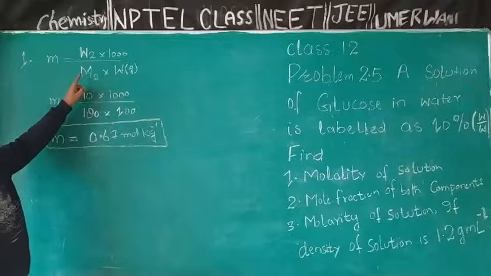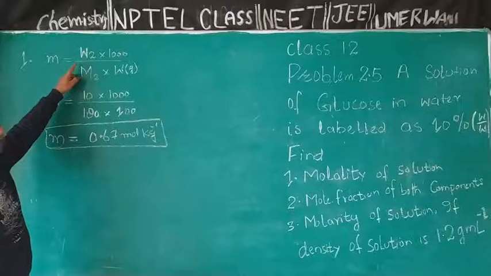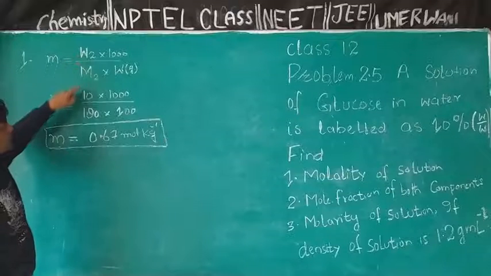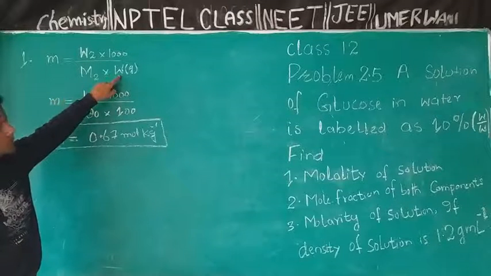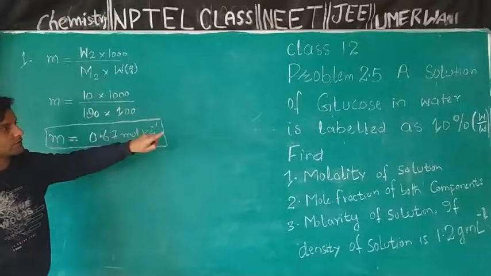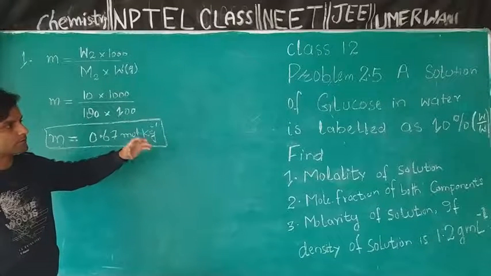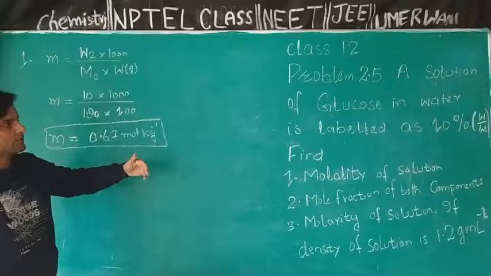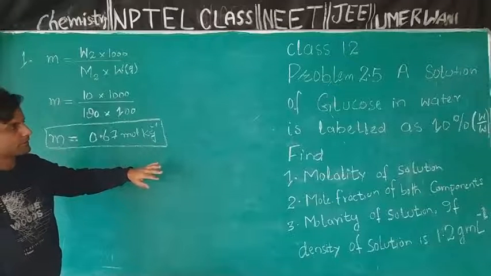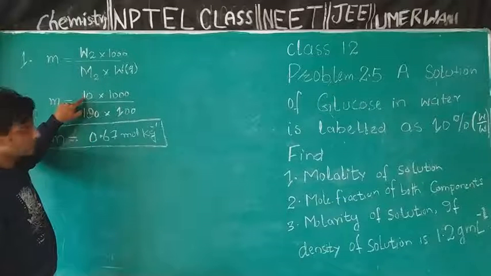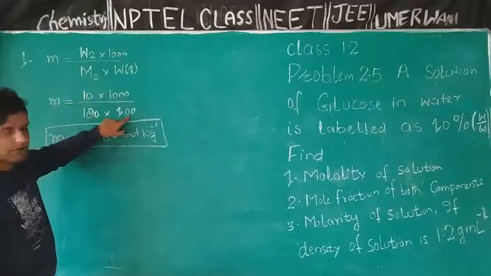Here it is essential that you get the idea why I took the given mass of solute W2 equal to 10 grams and why I took the given mass of solution equal to 100 grams. Because the mass given in the question is the mass percentage of solution, which is 10%, and it means 10 grams of solute glucose are present in 100 grams of solution.